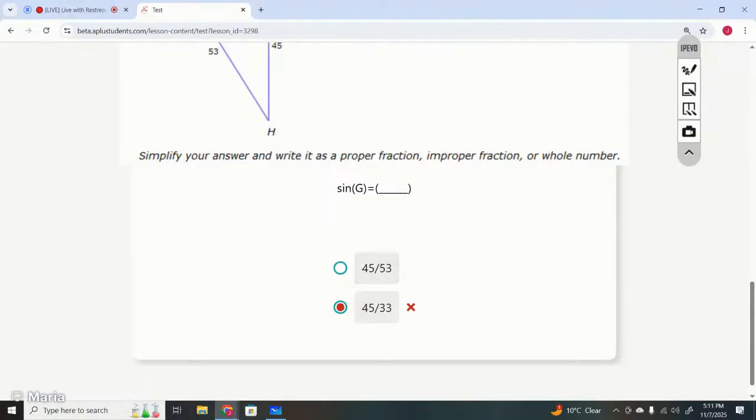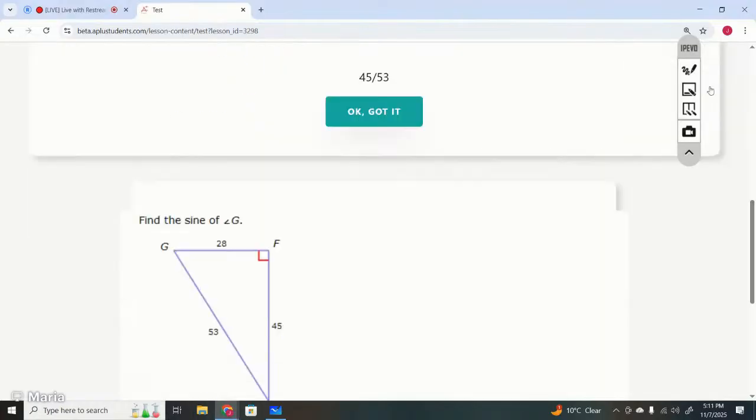Option 1 is the correct option. That is 45 by 53. I selected the wrong option, okay?